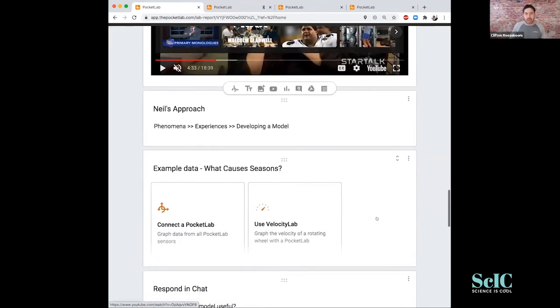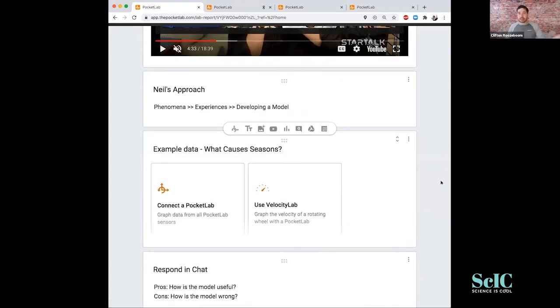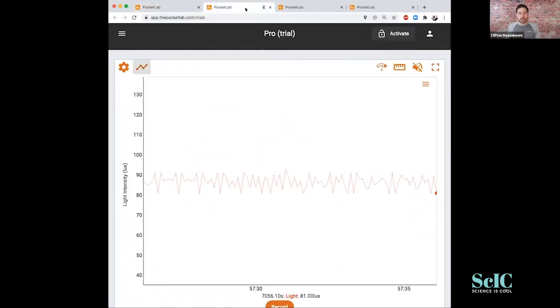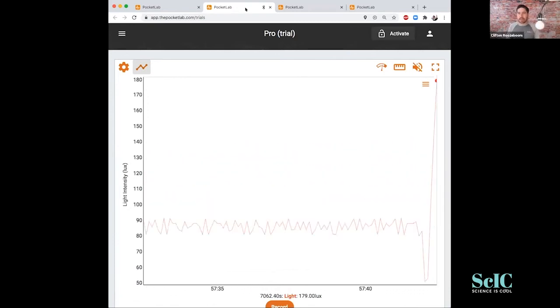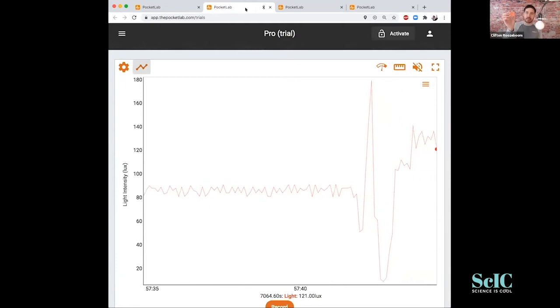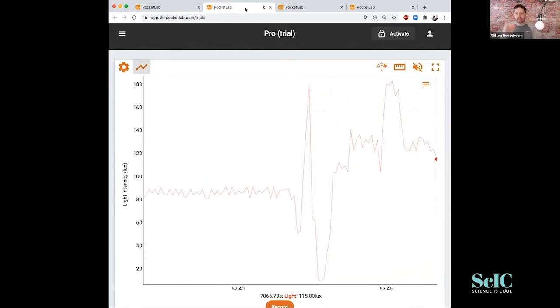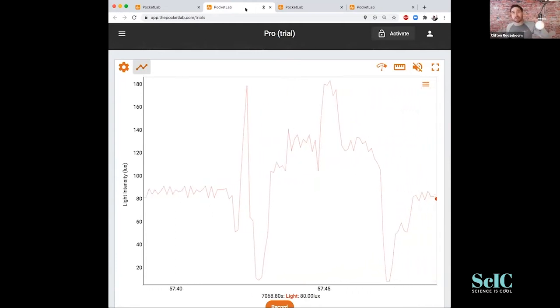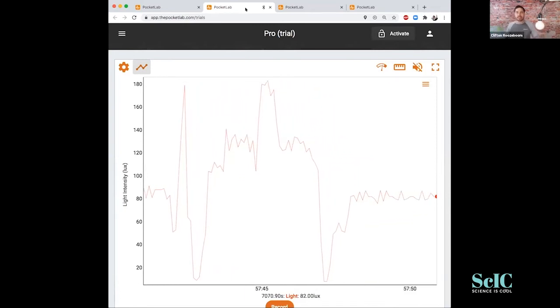So we should collect some example data and take a look at the model that we used in this activity. In a different tab on my browser, I already have fired up my PocketLab. My PocketLab is going to be used to measure light intensity. I have here my light bulb, which will act as the sun.